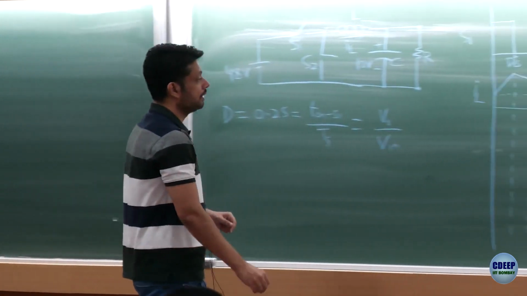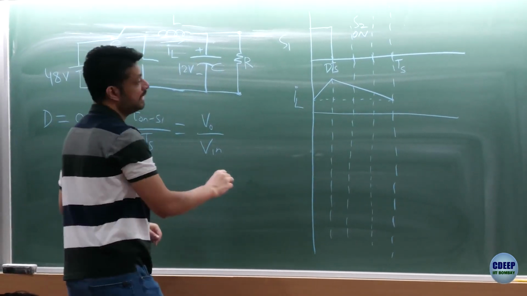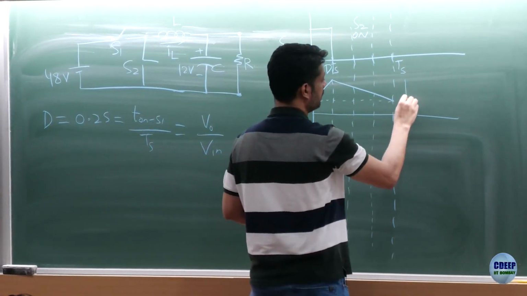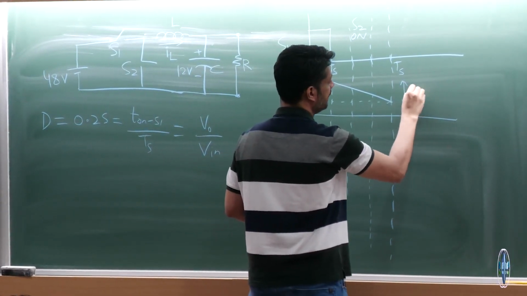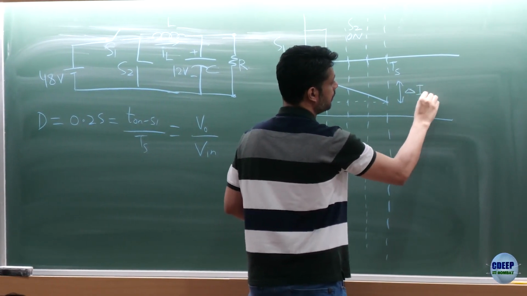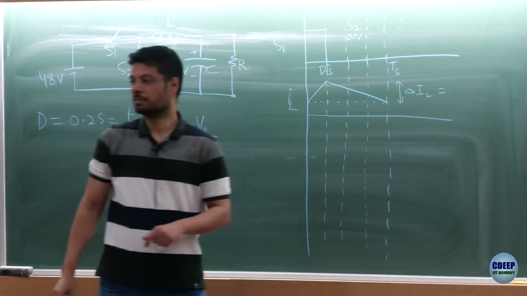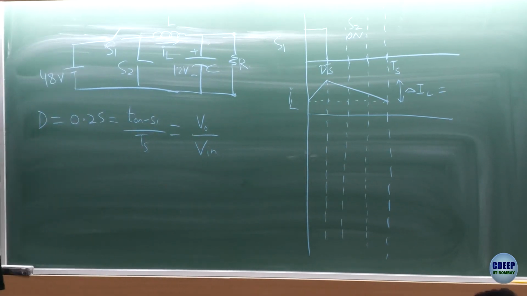Alright. If this is inductor current, we saw that you can write an expression for delta IL. What was the expression for delta IL? Can someone recall? We did derive it in the last class.